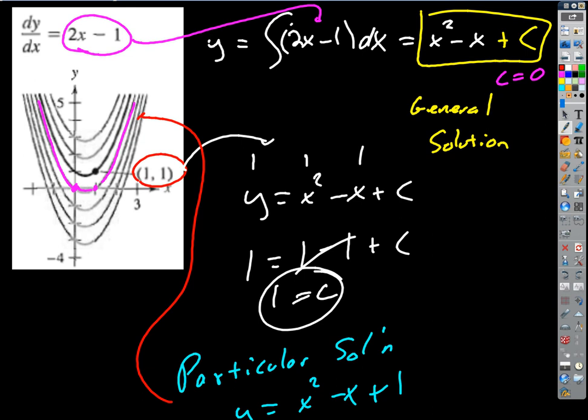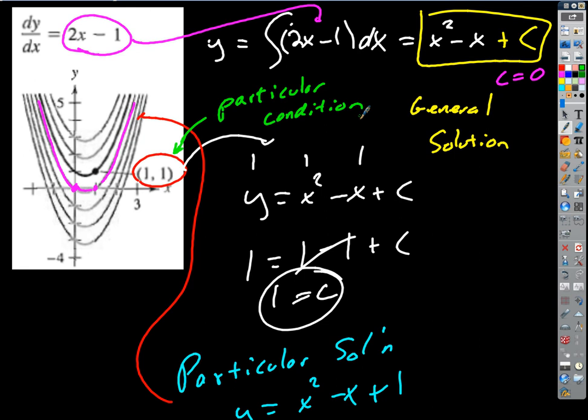Okay? So, general solution, family of curves. Particular solution is the one trajectory of that family that satisfies some condition that you've placed on it. Now, different books are going to say different things about this. I much prefer to call that a particular condition, right?